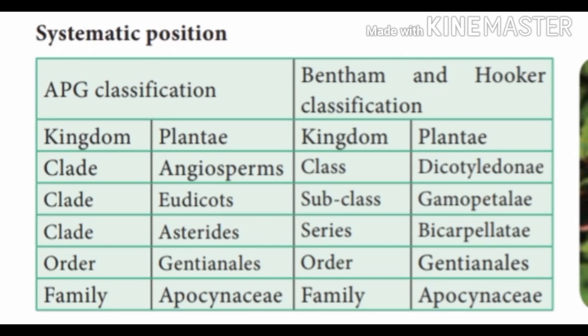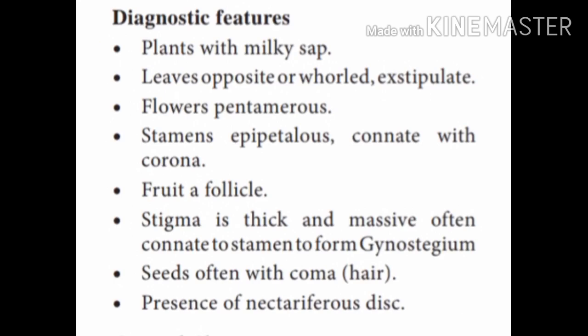Let's look into the distinguishing characters. Plants with milky sap and leaves opposite or whorled. They don't have stipules, so it is exstipulate. Flowers are pentamerous, that is they have 5 sepals and 5 petals. Stamen epipetalous, a very important character, that is stamen is attached to the petals. Connate with corona.